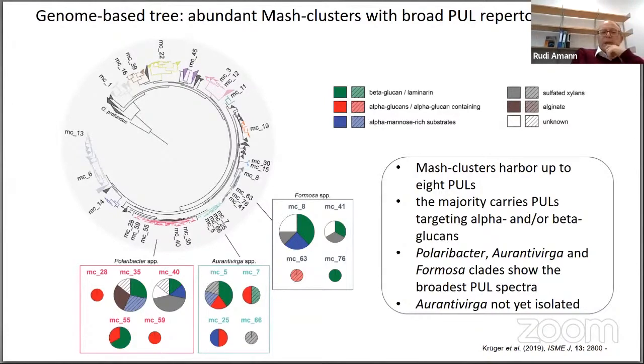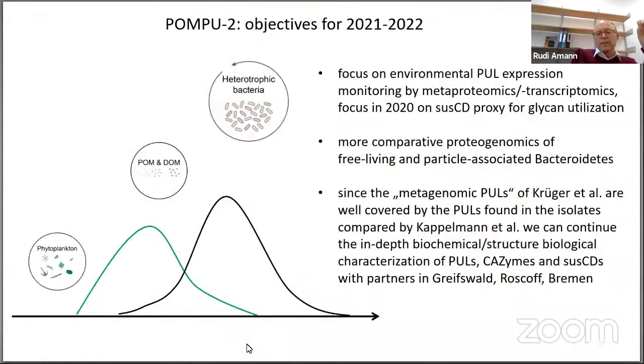Overall, I would say the diversity of the dominant groups is, interestingly enough, not tremendously complex. So what is currently going on? What are we doing in 2021 and 2022? The most important one is, of course, we have now a collection of polysaccharide utilization loci. We have a collection of isolates.